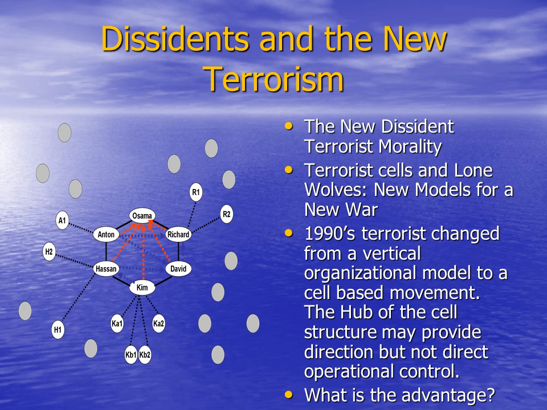Now there are some links that could be linked to a hub, and maybe the hub only provides the ideological inspiration. It's up to the imagination as to how some of these organizations are established, but that's a picture of what I'm talking about. Of course, the advantage is the operational advantage. If a cell gets caught, they really may not know the identity of any of the other individuals in the organization.